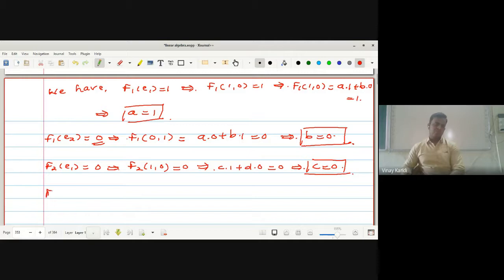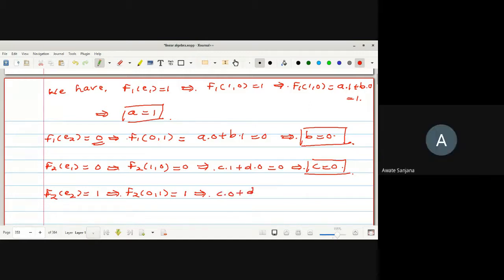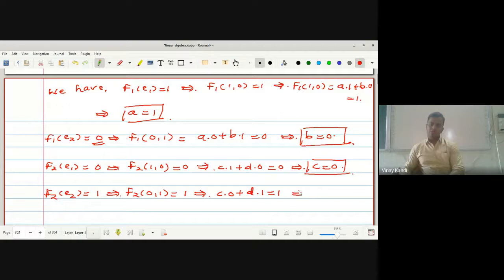Okay. Now f2 of E2 is equal to 1 by the definition of dual basis. So this implies f2 of (0, 1) is equal to 1. This implies c into 0 plus d into 1 is equal to 1. So this implies d is equal to 1.